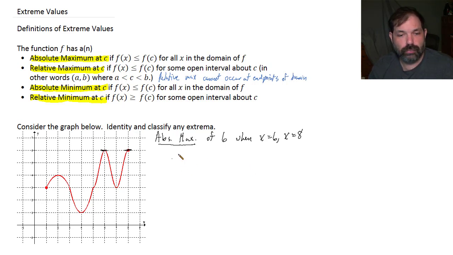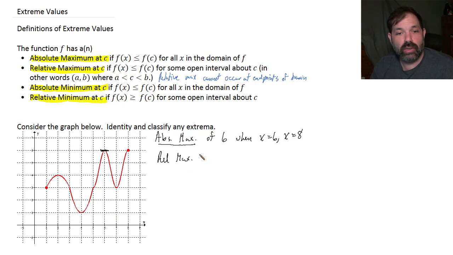Relative maximum. Let's see, are there relative maximums? Now remember that relative maximums cannot occur at endpoints. So to me it looks like there are two relative maximums. There's a relative maximum of 4 when x is 2, and there is a relative maximum of 6 when x is 6.